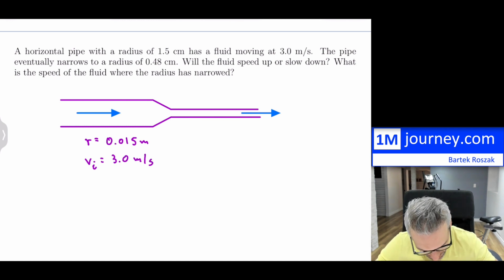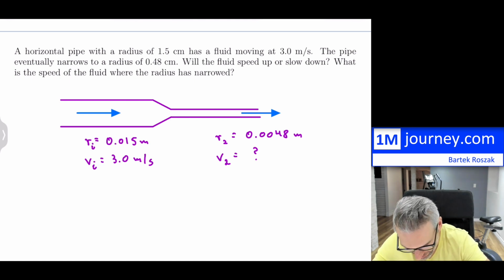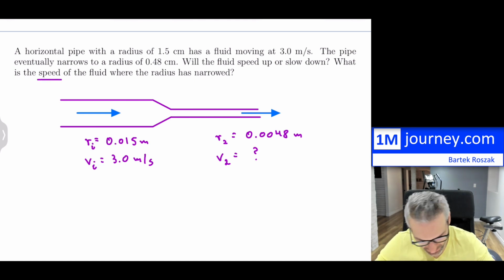The pipe on the other side, this is the narrowed path, maybe call this 2, should have called the other one 1. It doesn't matter. So we have 0.0048 meters. And then the actual speed over here we don't know. We want to be able to see what this speed is.